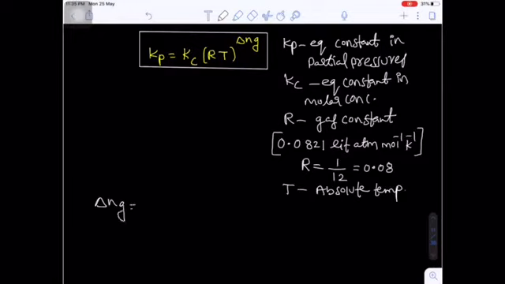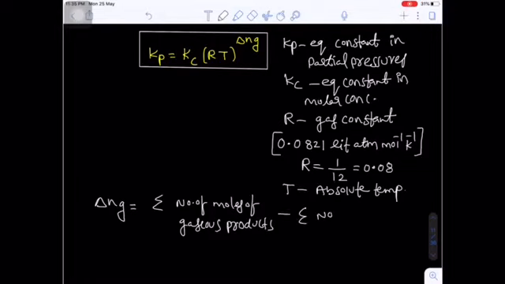Delta Ng is the sum of the number of moles of gaseous products minus the sum of the number of moles of gaseous reactants.